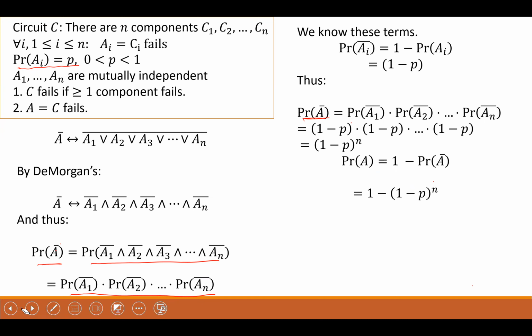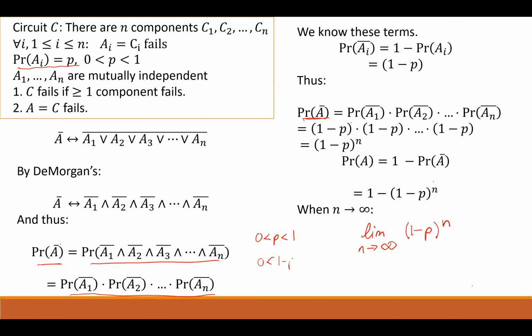But if we think about it a little more, let's look at how this behaves as n gets larger and larger. As n goes to infinity, let's start with something simple: the limit as n goes to infinity of (1 minus p) to the power n. We know that p is between 0 and 1, and so we know that 1 minus p is also between 0 and 1.